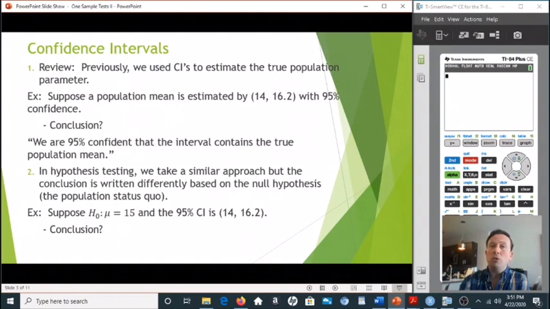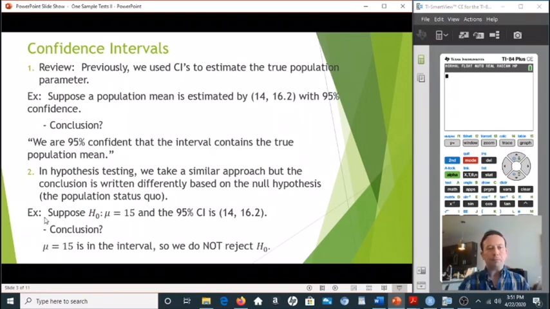So what do you conclude when your status quo hits the target? All right, so think of the mu equals 15 as a dart. Think of this as a target. When it hits the target, you don't reject it. It's a winner, okay? So we would say that mu equals 15 is in the interval, so therefore we're not going to reject the status quo. So we do not reject the null hypothesis.